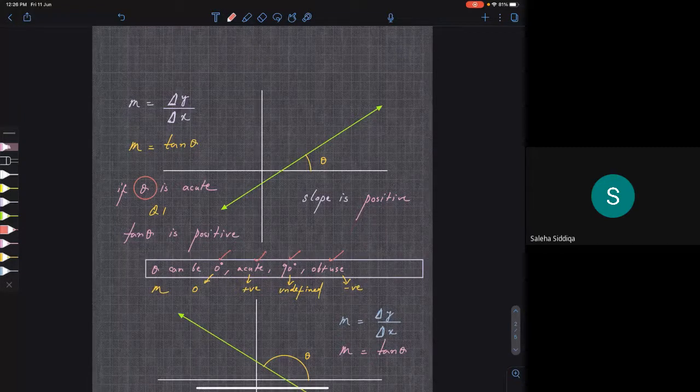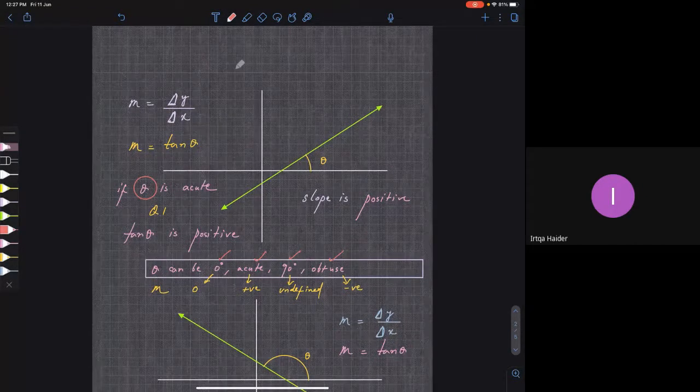Your sound is not clear. Can anyone else repeat her doubt? Angles will be positive in? Anyone? Sir, she can type her doubt.